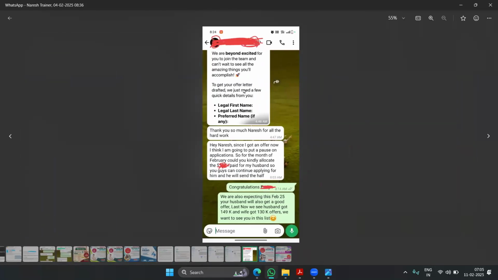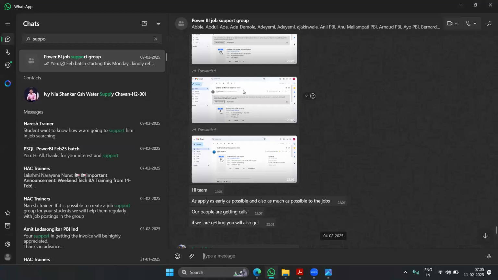So there are two approaches. If you say, okay, I need guidance for resume preparation and applying for jobs, I would be there to help you. At the same time, if you say, no, hurry, I'm a bit busy with my current work and I need a full level of support, then we have a dedicated team sitting in India. They are going to take your LinkedIn profile and your resumes and provide end-to-end support for you.